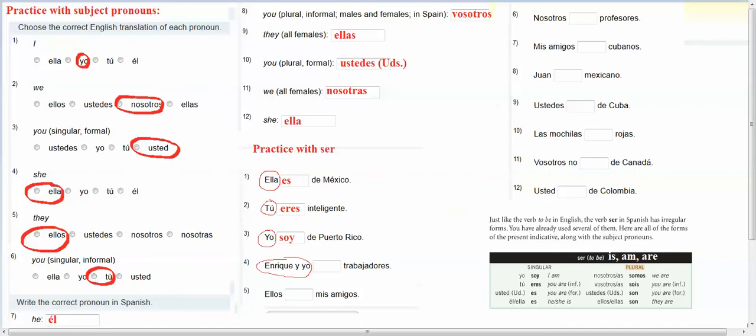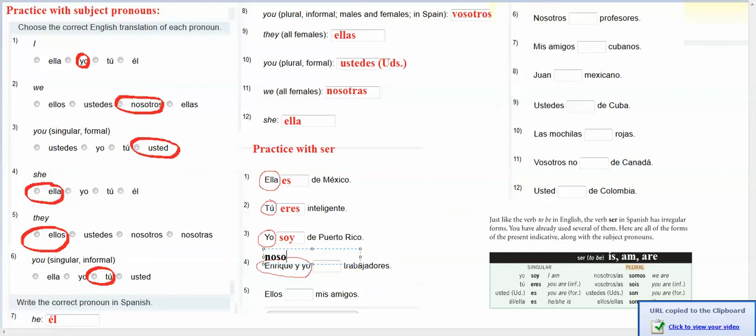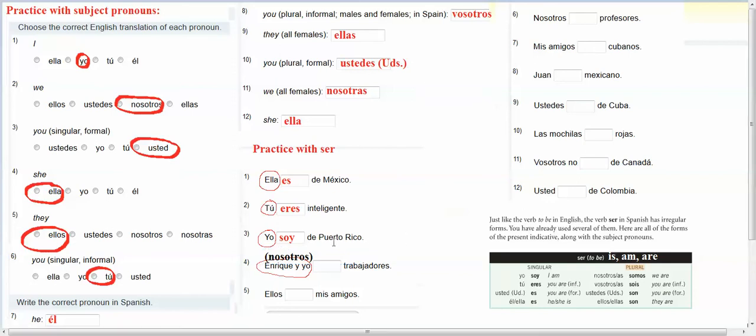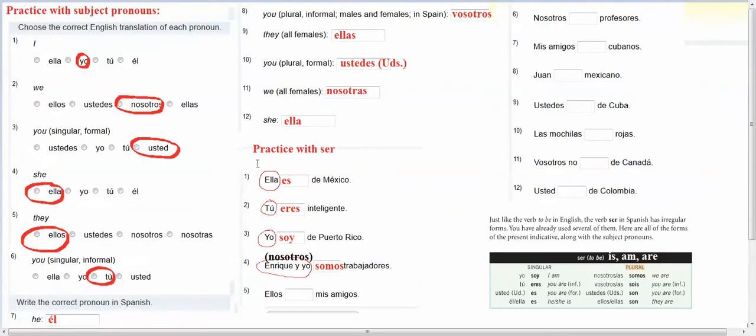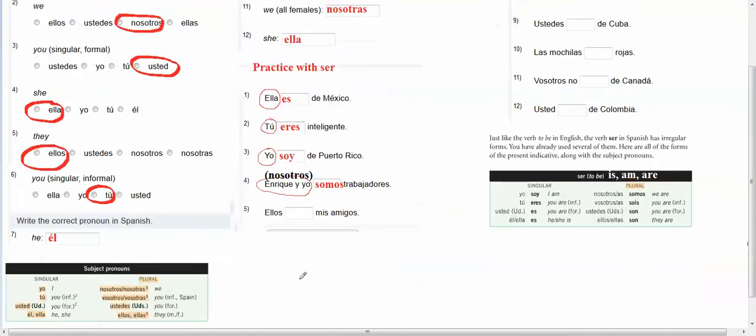So just so we remember, I'm going to put nosotros up here. If I look at nosotros over here, somos is what I want to put in my blank. Somos trabajadores.